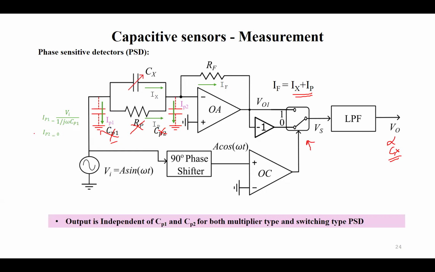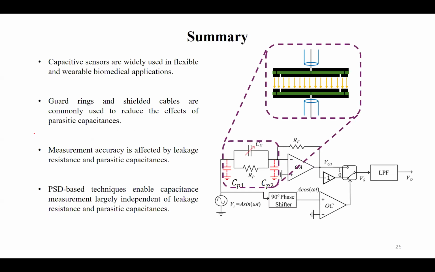So with this, let me conclude today's talk. We discussed capacitive sensors. Capacitive sensors are widely used in most biomedical applications, especially in wearable sensors. And we saw what all things we need to take care of. Definitely, we need to design the sensor in such a way that Cx has high sensitivity. The sensitivity directly depends upon the area, the distance between the plates and the permittivity.